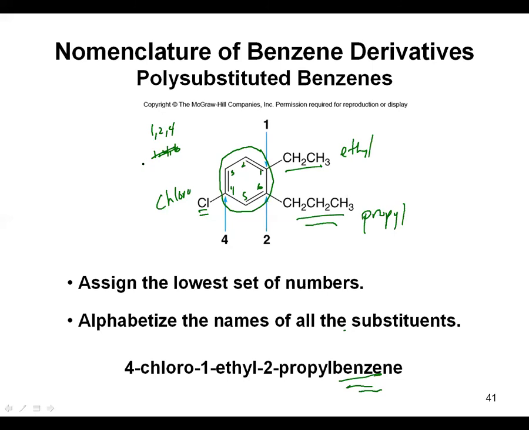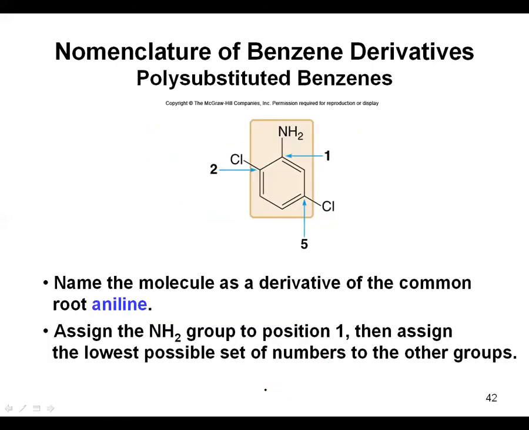And that gives us at carbon number 4 the chlorine, carbon number 1 the ethyl group, and at carbon number 2 the propyl group. Putting all that together would give us the whole name. Any questions on that particular guy there? So remember, lower numbers are good, and I want to give everybody the smaller number.